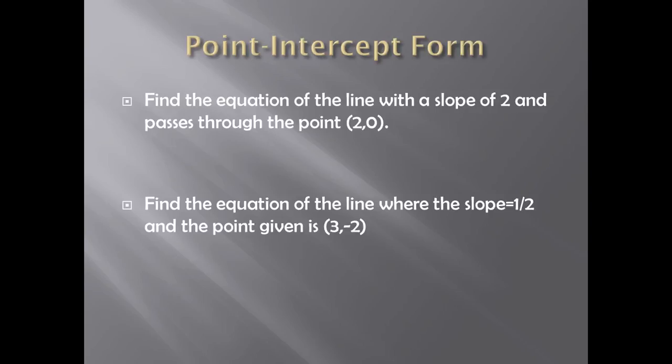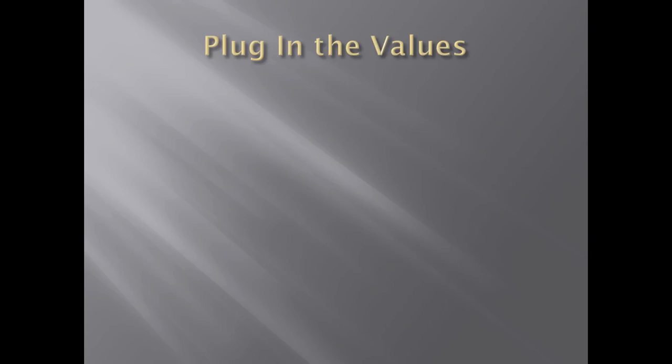In the point-slope form, we had to find the equation of the line with the slope of 2 that passes through the point (2, 0). And we also found the equation of the line where the slope is equal to 1/2 and the point given is (3, -2). So let's plug in the values again using this formula, y minus y1 is equal to m times x minus x1. We have 0 is equal to 2 times 2 minus 4.